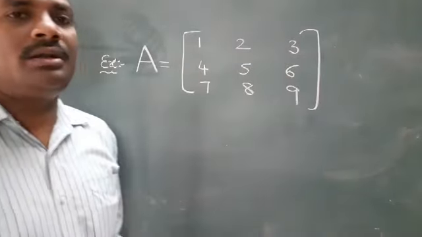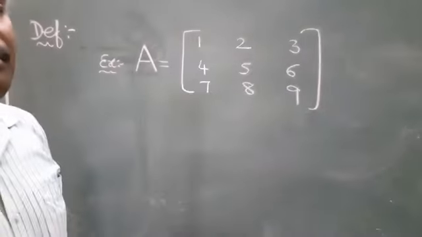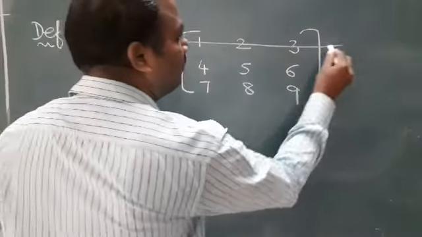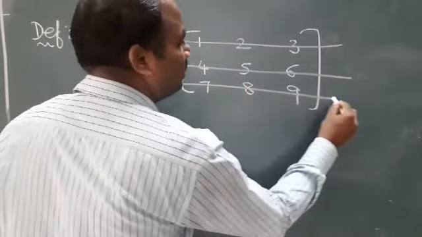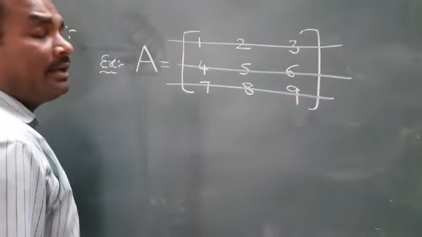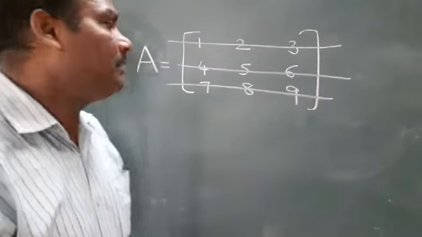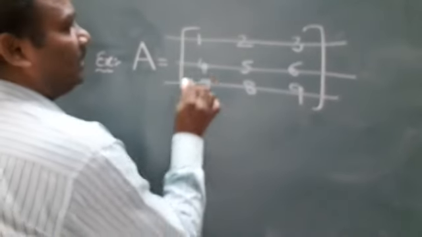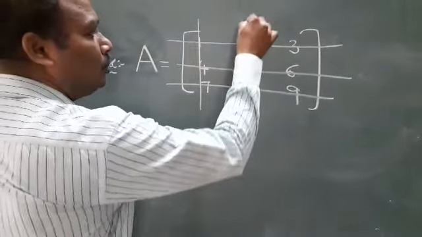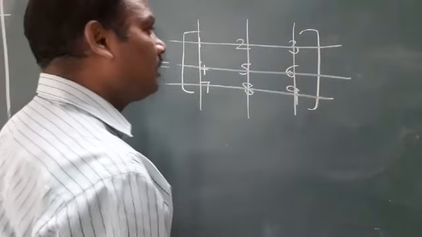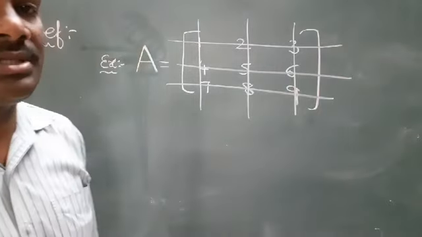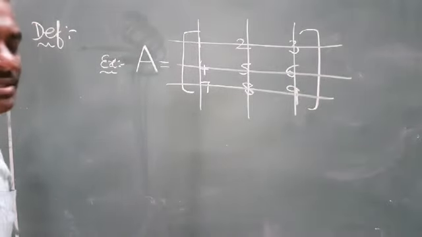Now, here rows are always counted from top to bottom. For example, 1, 2, 3. And columns are counted from left to right or right to left. No problem. 1, 2, 3. Here matrix A has 3 rows and 3 columns. Do you understand the definition of matrix?